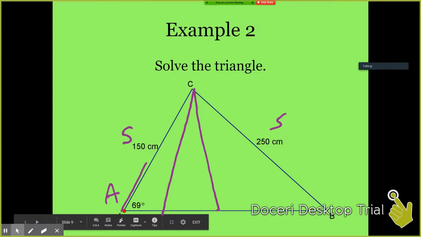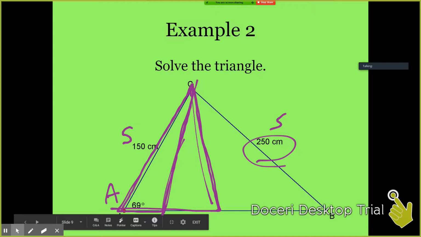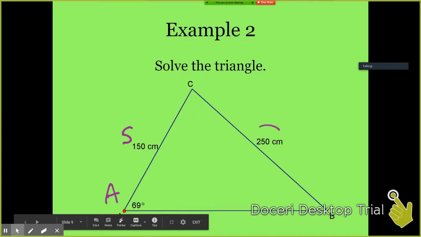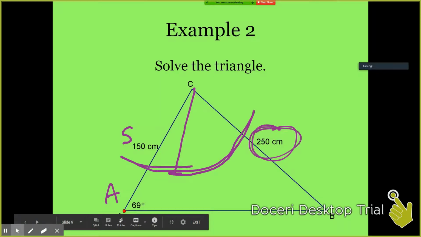You can make one triangle like this and another triangle like this, if this side is the right length where it could hit here and here. Or maybe this side isn't long enough and you can't make any triangles. If this side wasn't 250, if it was like 50, then it wouldn't be long enough to reach the other side to make a triangle, like we talked about at the beginning of the lesson.